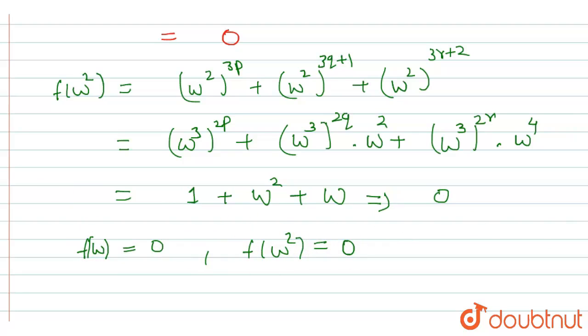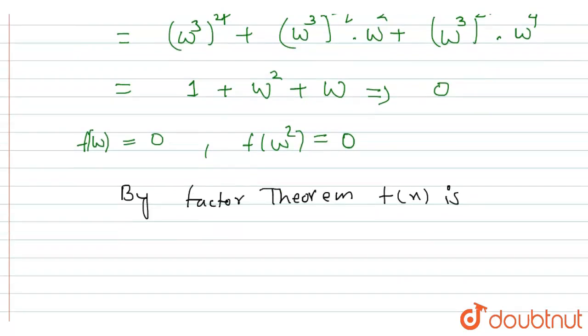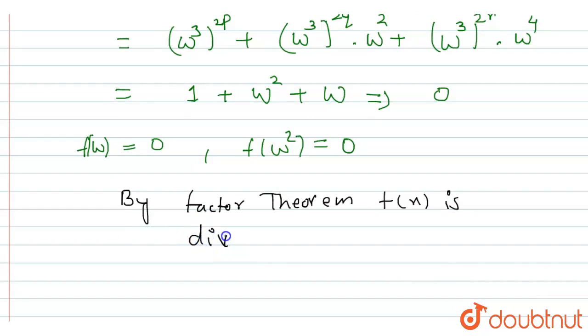So from here, by the factor theorem, f of x is divisible by x square plus x plus 1. Hence it is proved.